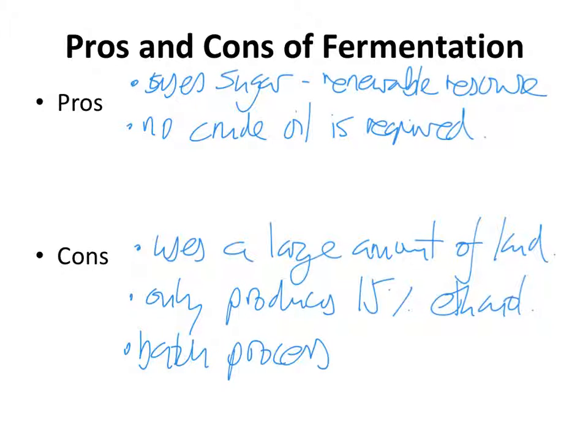So, for example, countries in the Middle East, it's not going to be overly easy to grow sugar out there, but those countries do have a ready supply of crude oil. So this is a little bit of a geographical issue, and something you might like to put your geography heads on when considering these factors.